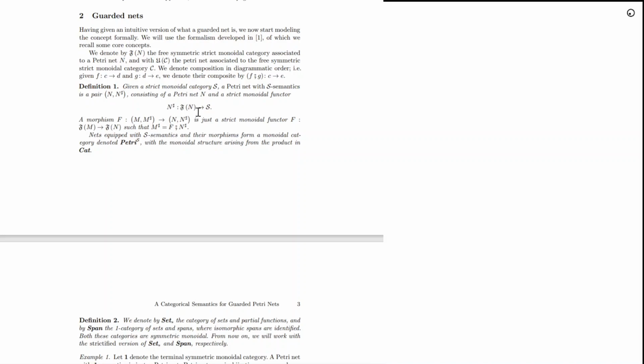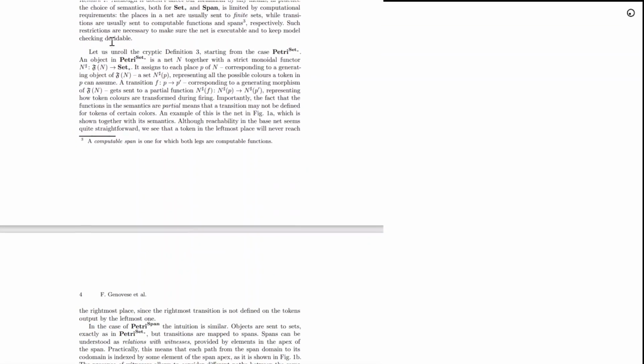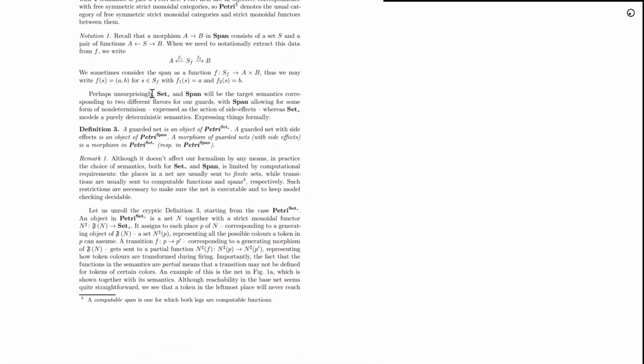And this is encoding this idea that we are endowing tokens and transitions with properties. In particular, we consider two kinds of semantics here: Set-star and Span. So sets and partial functions, and spans of sets.